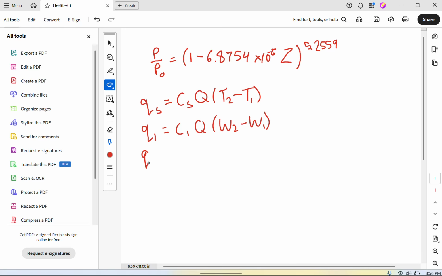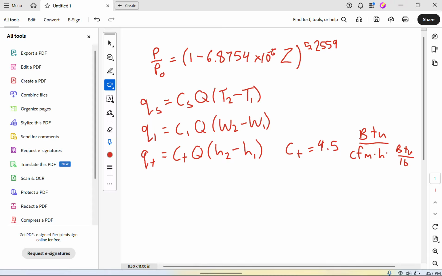And our third equation for total heat transfer is our QT, and this is equal to CT times Q multiplied by our change in enthalpy. In this case, CT, our total heat transfer constant, is equal to 4.5.